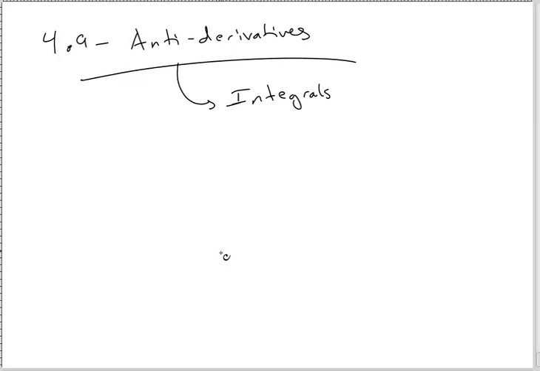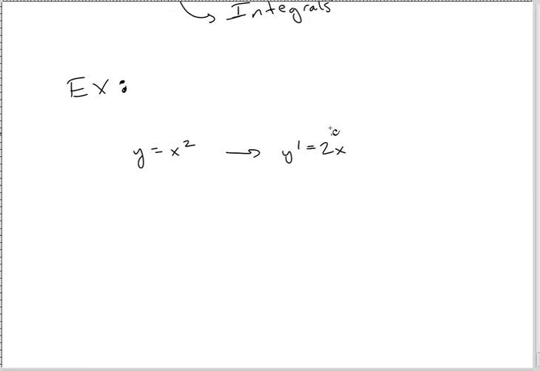Kind of. So let's just do an example of what is going on here, and then we'll jump into some problems. So I got y is equal to x squared. My derivative of that would be 2x. Everyone's happy with that. Well, what I want to do is go backwards.